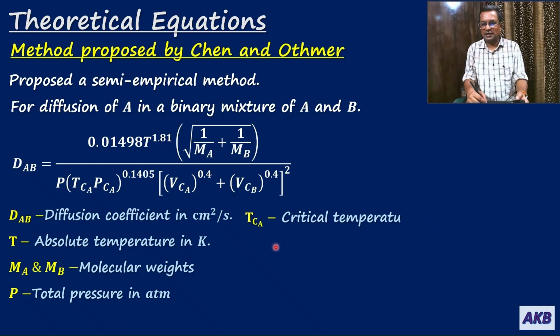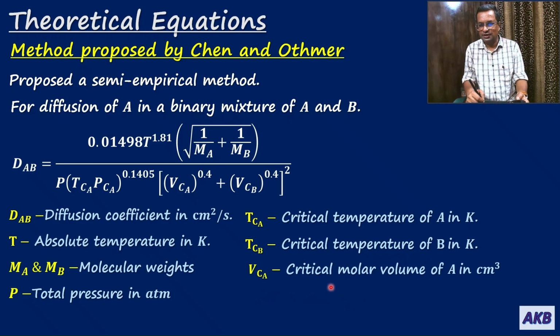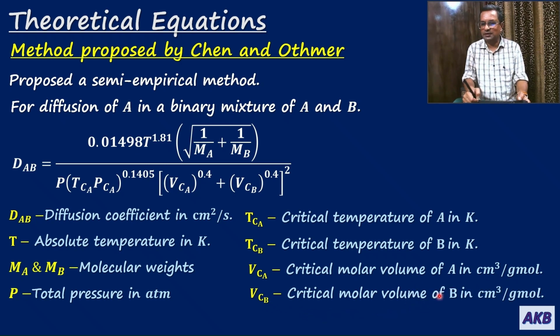Then TCA is the critical temperature of A in Kelvin. TCB is the critical temperature of B in Kelvin. VCA is the critical molar volume of A in centimeter cube per gram mole, and VCB is the critical molar volume of B in centimeter cube per gram mole.